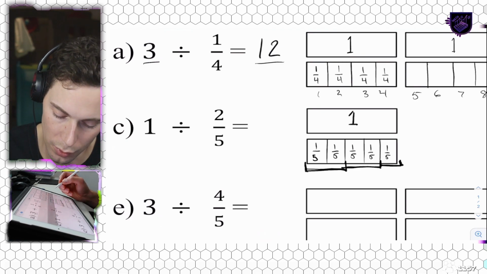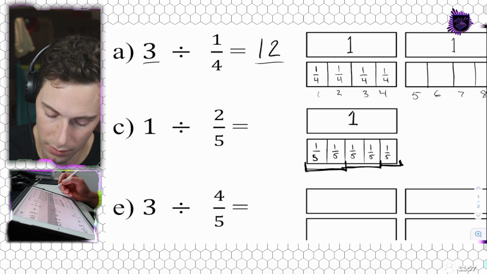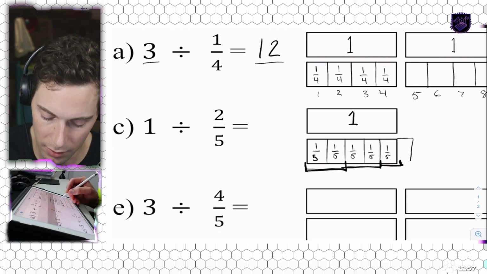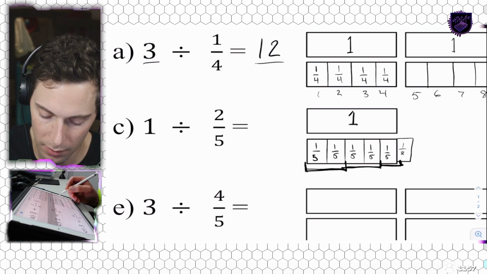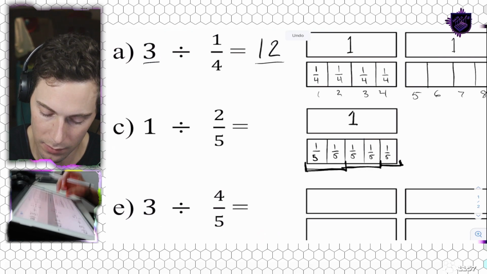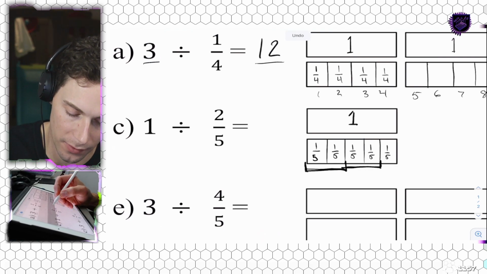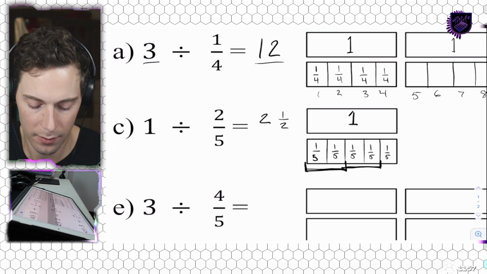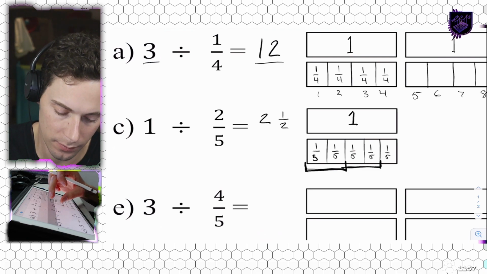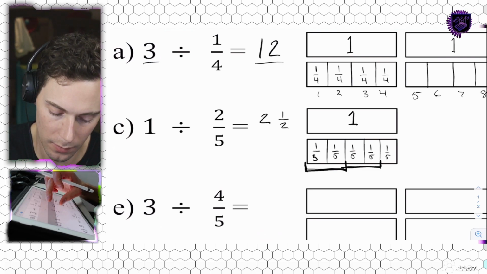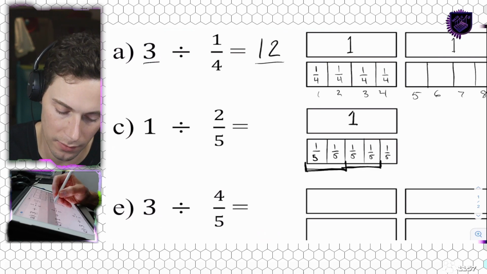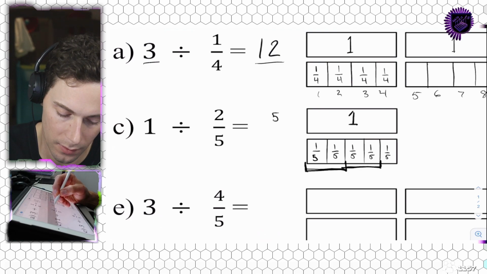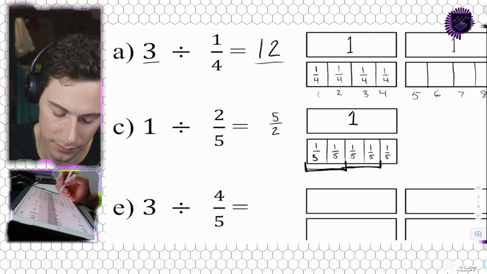So we don't have the second group of 1/5 here. So it's going to be 2.5 groups. 2 and 1/2. Or you could think of that as 5 halves.